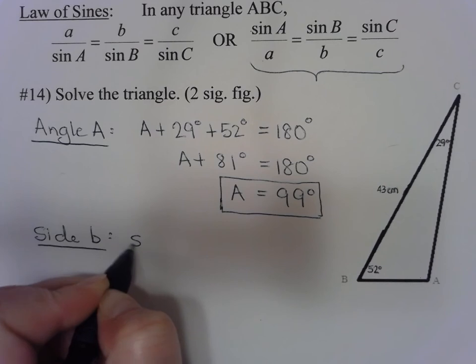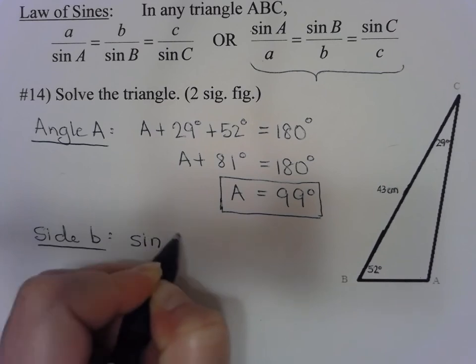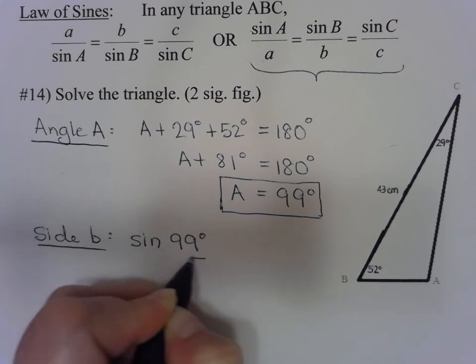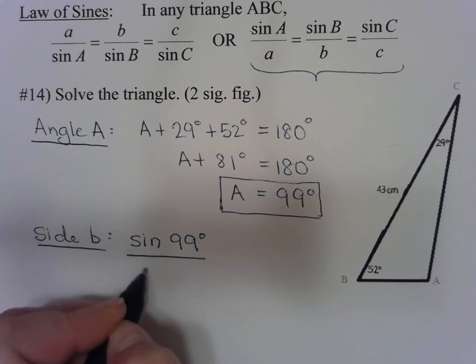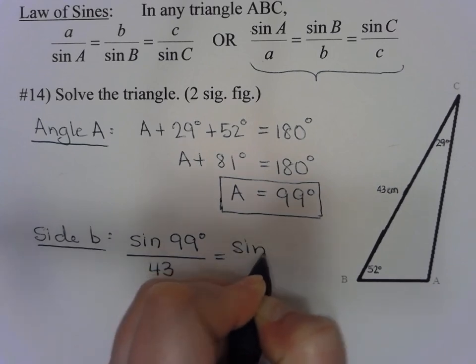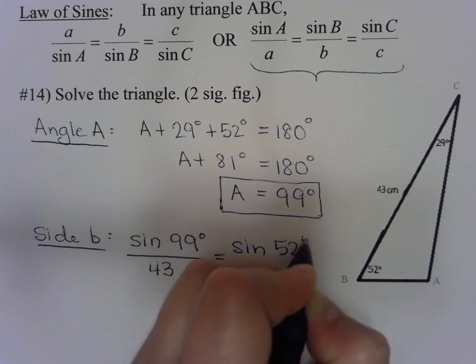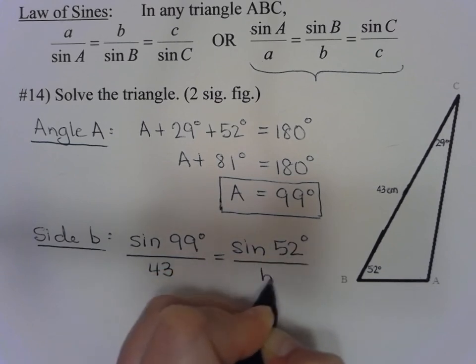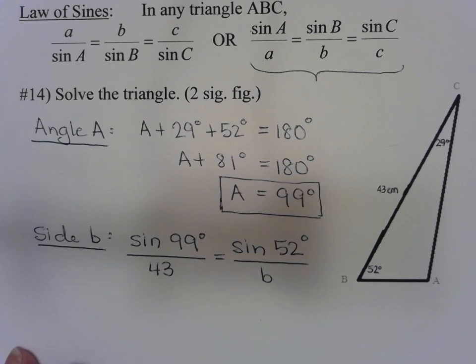So I've got the sine of 99 over 43 is equal to the sine of 52 over side length b.